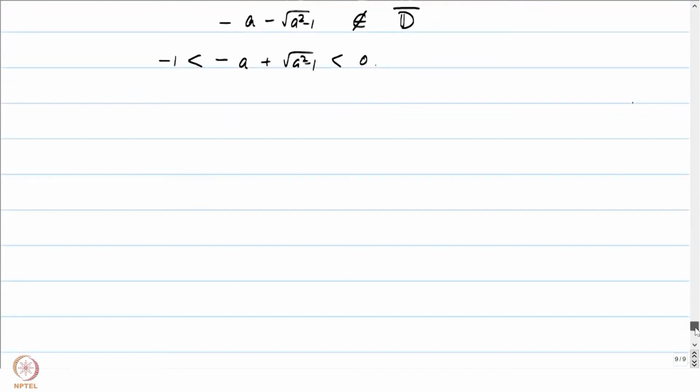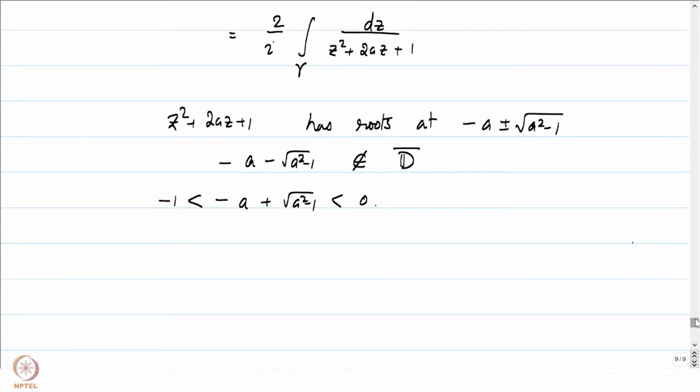And by the residue theorem, what we will be able to conclude is that 1 by 2 pi i times the integral over gamma dz by z square plus 2az plus 1.